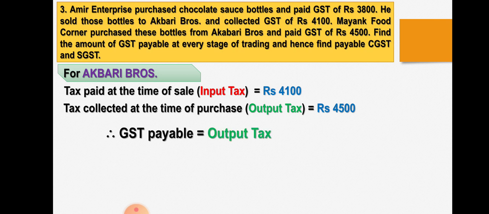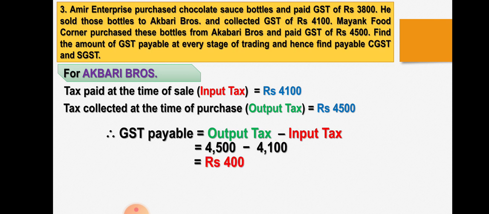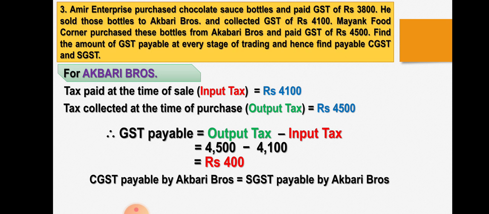GST payable is equal to output tax minus input tax. We'll substitute both values and subtract. We'll get 400, which means GST payable by Akbari Bros is 400 rupees. Now CGST and SGST will be half of it. CGST payable by Akbari Bros is equal to SGST payable by Akbari Bros, which is half of 400, that is 200 rupees.